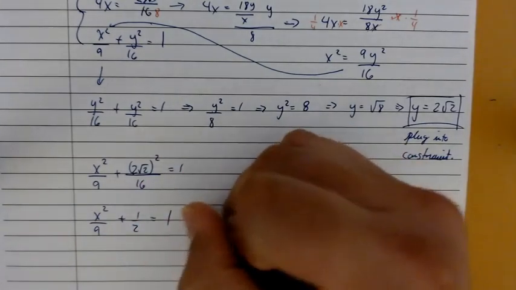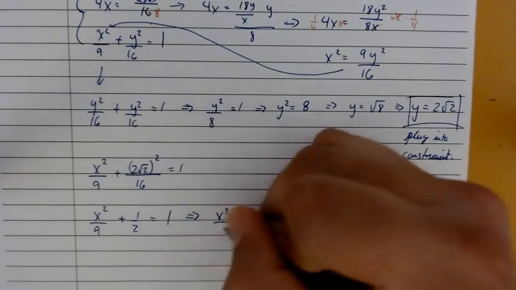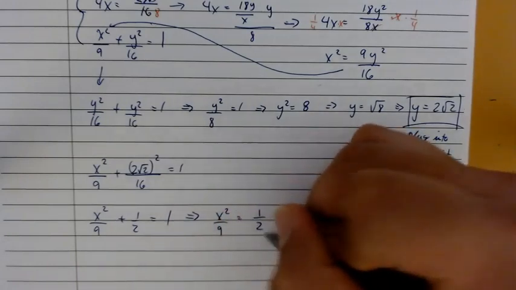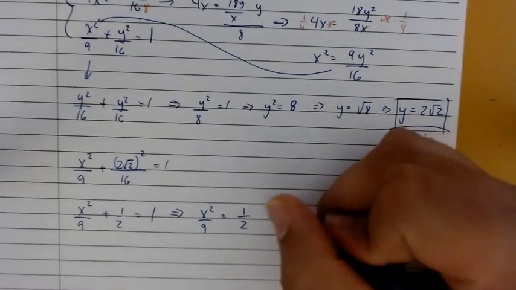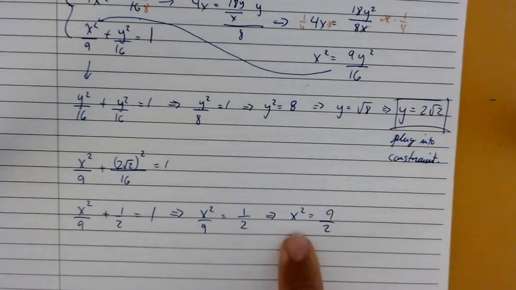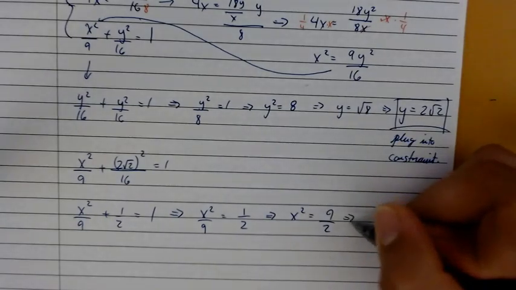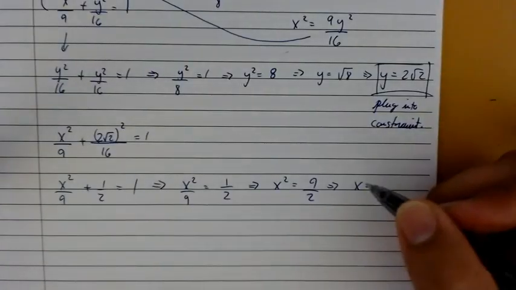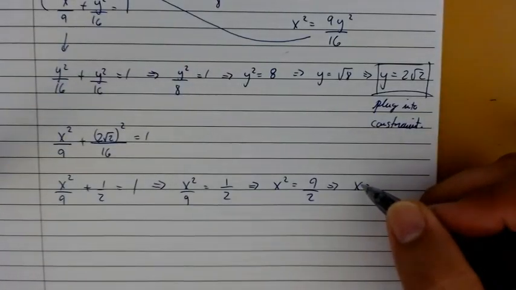Subtract your 1/2 over, so that'll give you x squared over 9 equals positive 1/2. Multiply both sides by 9, gives me x squared is equal to 9/2, and then take a square root. Since again I want x and y to both be positive, here I don't need to worry about a positive or negative root, it's just the positive root.